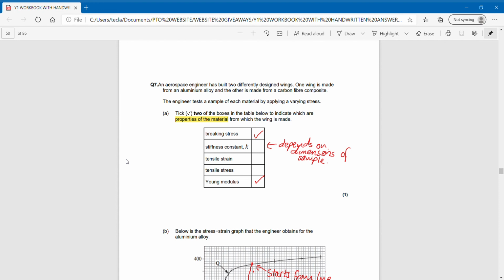Stiffness constant depends on the sample, so it's going to depend on the dimensions of the sample. The material, of course, will be a factor, but it's not the only factor. The tensile strain and tensile stress are just whatever forces are applied and how the material is responding for that particular force. So they are applied values.